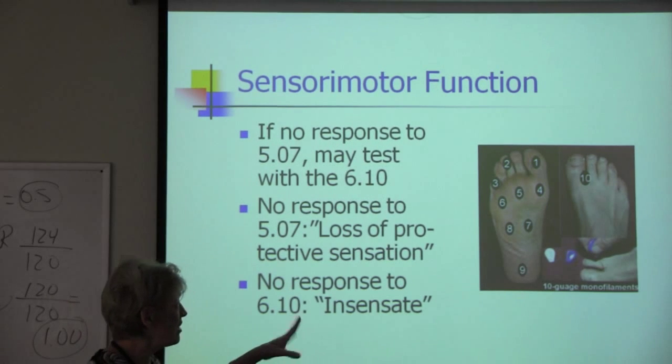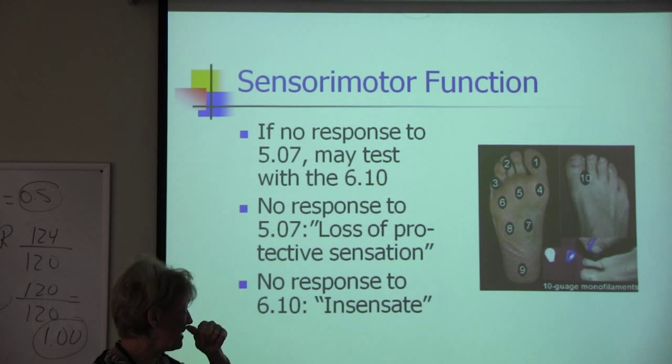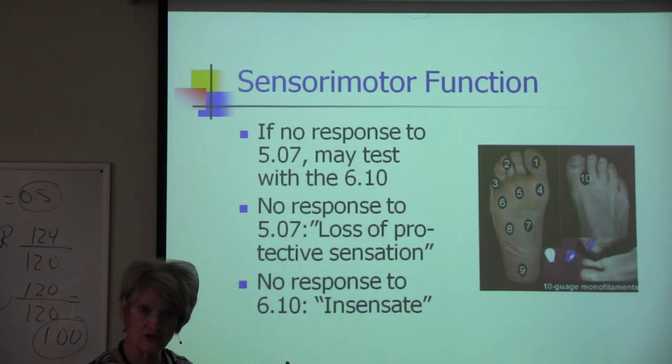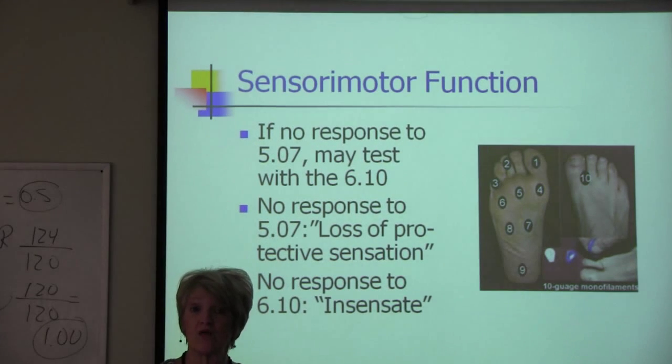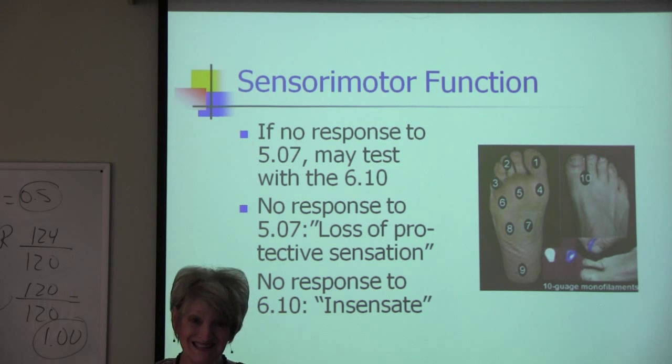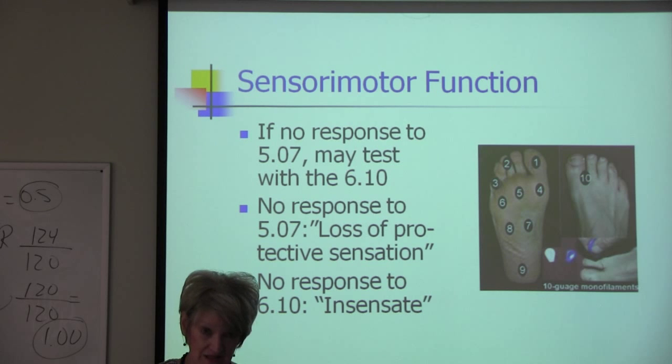So that's what we were just talking about. No response to 5.07. If you have access to a 6.10, you can do follow-up testing with the 6.10 that helps you to determine whether they have any sensory function left. No response to 5.07, loss of protective sensation. What does that mean to me in counseling this patient?